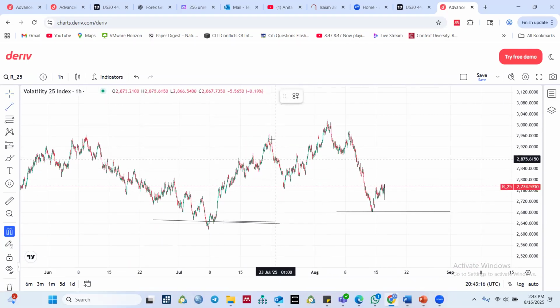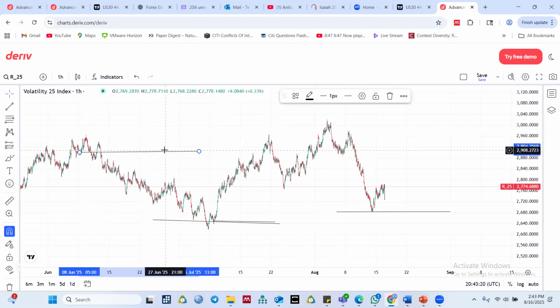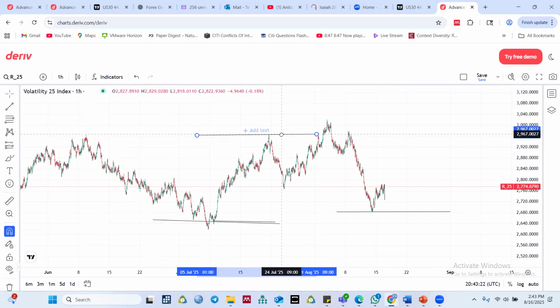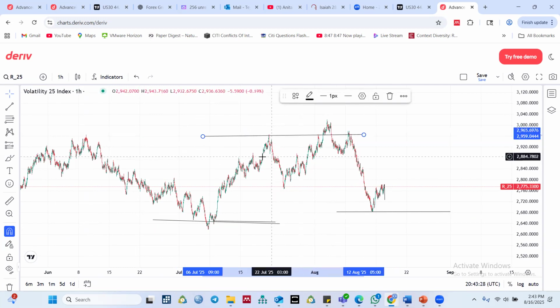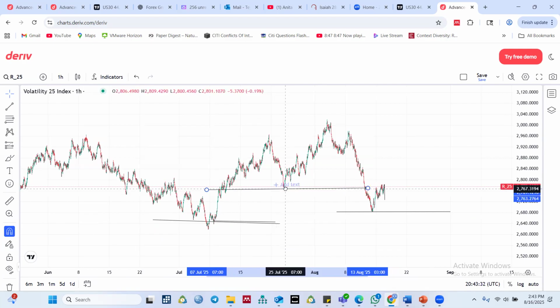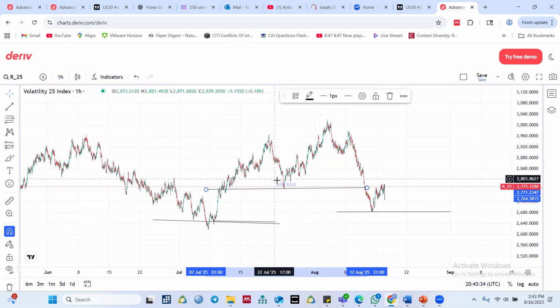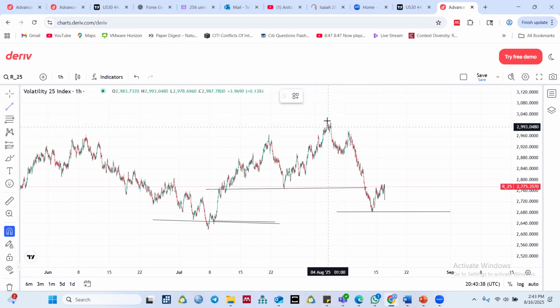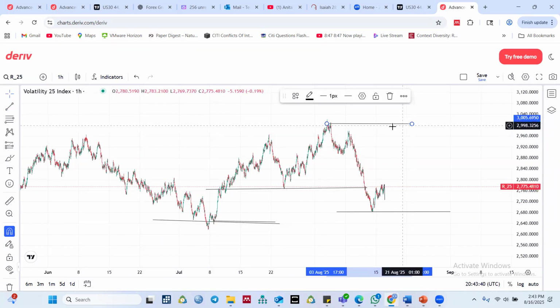So on this chart, we had this high, we had this previous high here, and then we had this low here. And we had this high.